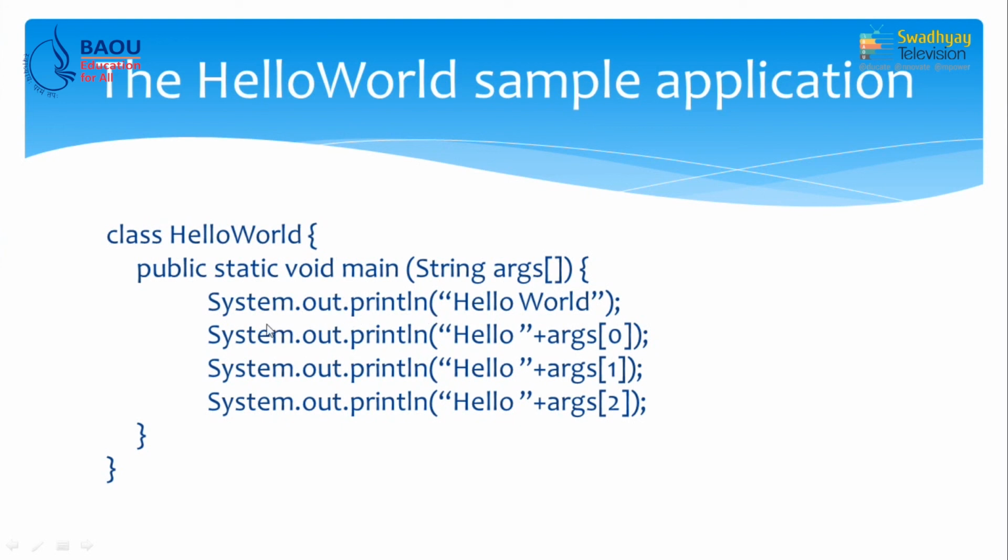System.out.println. Now, System.out refers to your standard output device, that is the screen or monitor, and System.in specifies your standard input, that is the keyboard.